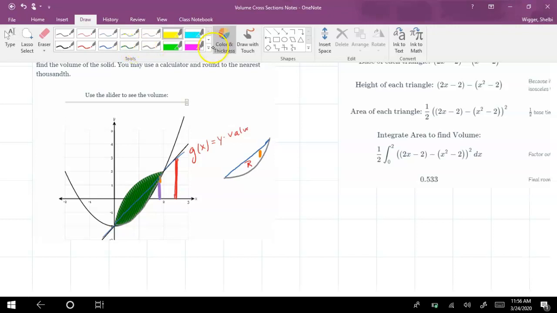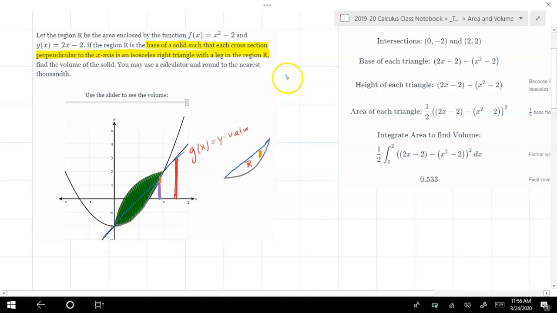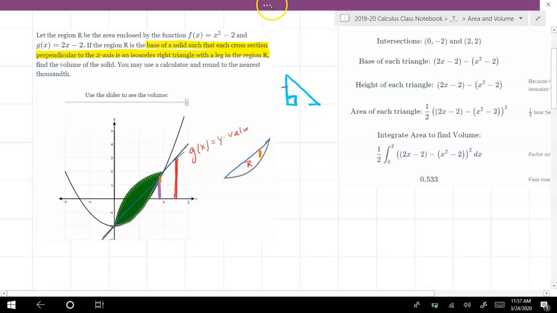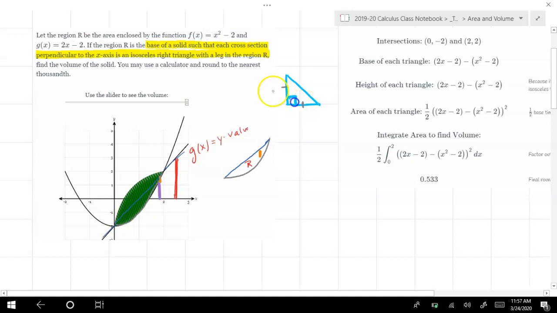An isosceles right triangle: we know it's a triangle, we know it's right, meaning it's 90 degrees, and isosceles means the two legs are the same length. The base and height are equivalent.